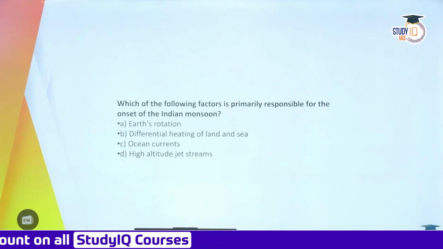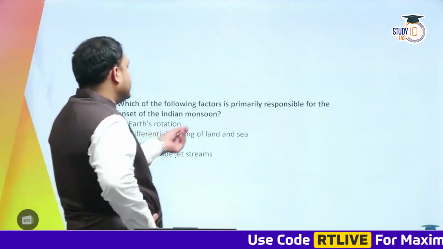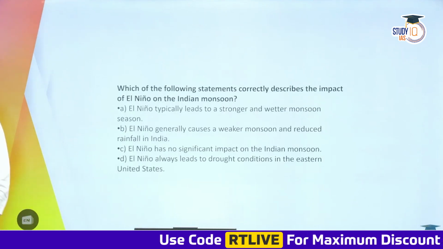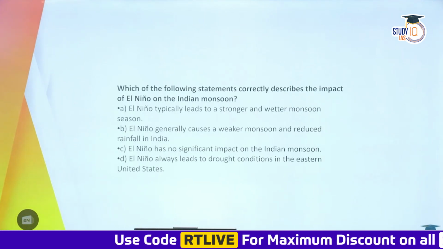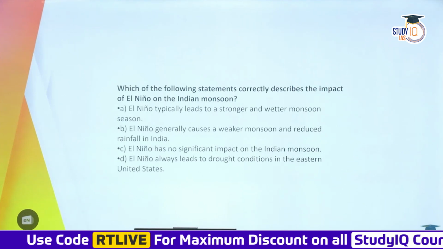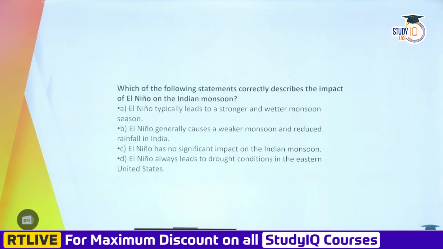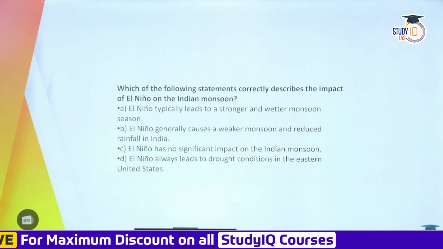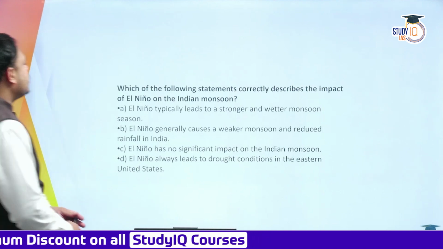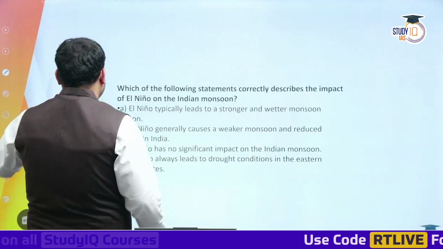Which of the following is primarily responsible for onset of Indian monsoon? Primarily, it is differential heating of land and sea. Theories पढ़ी हैं सारी यार. El Nino. El Nino typically leads to stronger and wetter monsoon season. बिल्कुल गलत बात है जी.